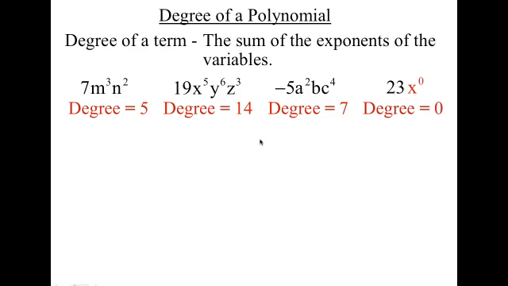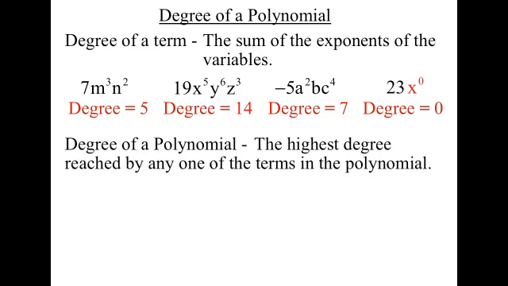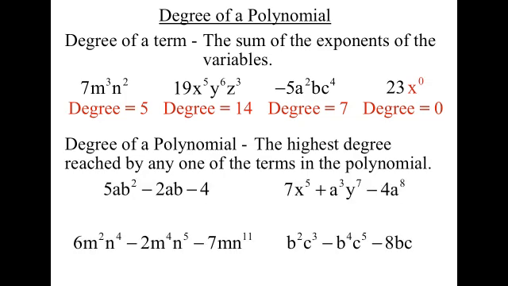Remember, if there's no variable, it's an x to the 0 term. All right, now the degree of a polynomial is the highest degree reached by any of the terms. So in this term, it's 3. In this term, it's 2. And this is 0. So the degree of the entire polynomial is to the 3rd power, or is 3.